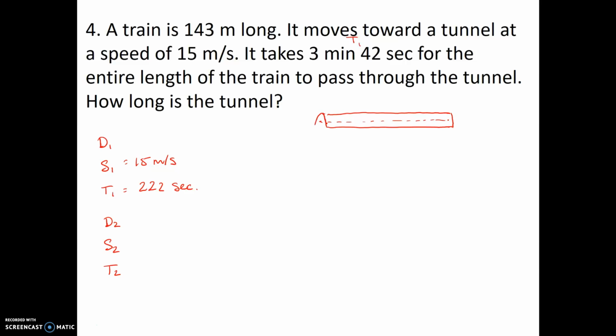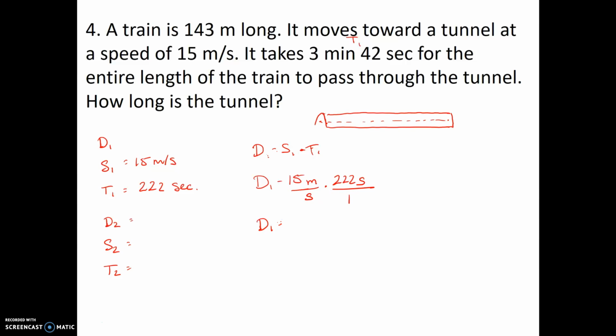Okay, now we're trying to find the length of the tunnel. We're trying to find how long the tunnel is. So let's go ahead and use our distance formula. So distance is going to equal speed times time, which is 15 meters per second times 222 seconds.